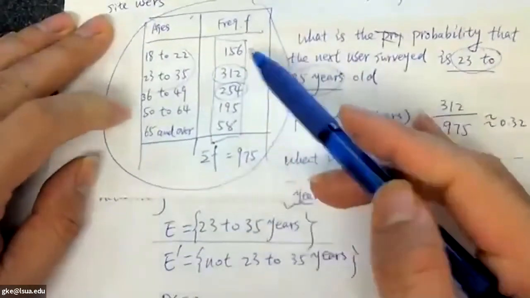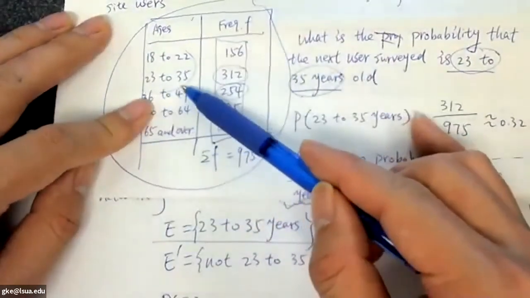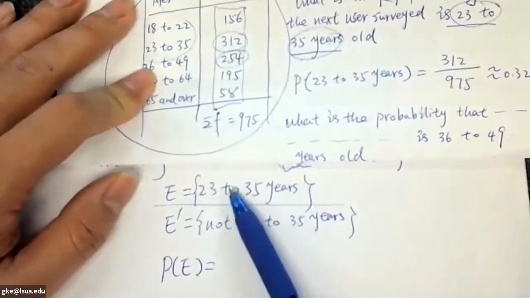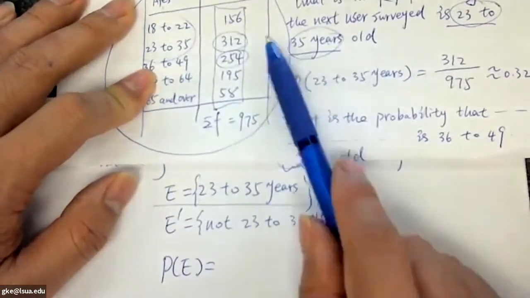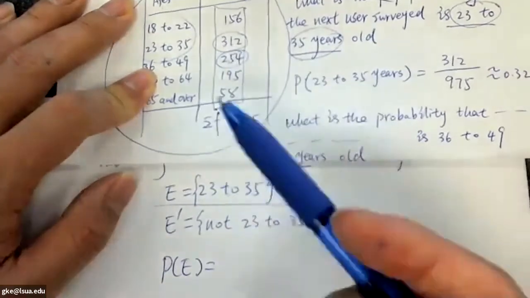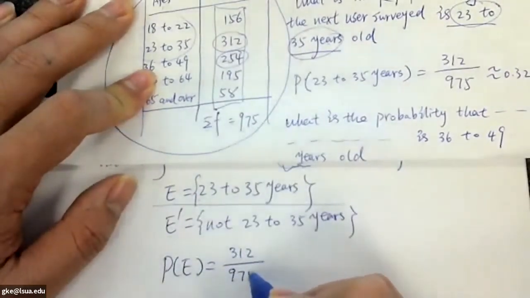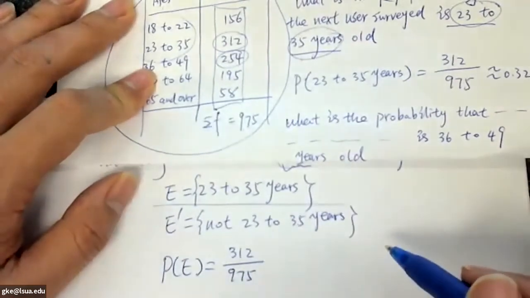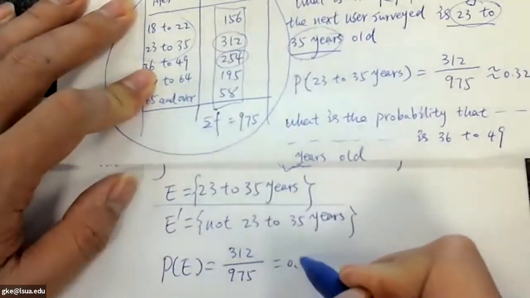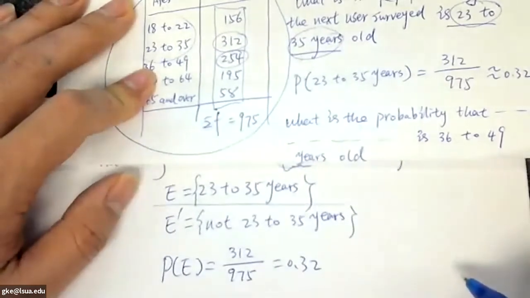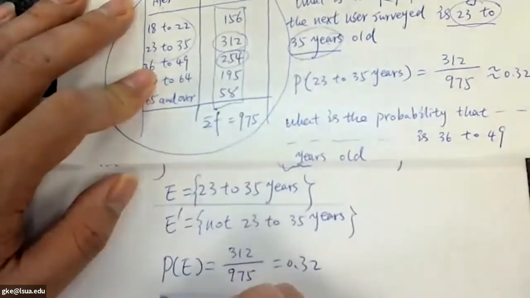From 23 to 35, that is 312 divided by the total number, and this gives you 0.32, right? Now you can calculate E prime.